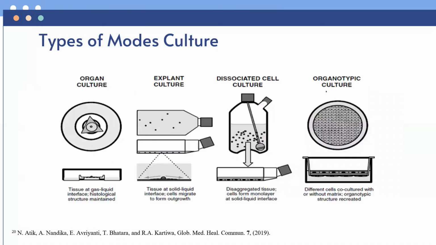This figure represents the several modes of culture. Types of modes of cell culture consist of organ culture. Organ culture is a filter dish on an angular stainless steel grid over a well of medium, seen in section in the lower diagram.